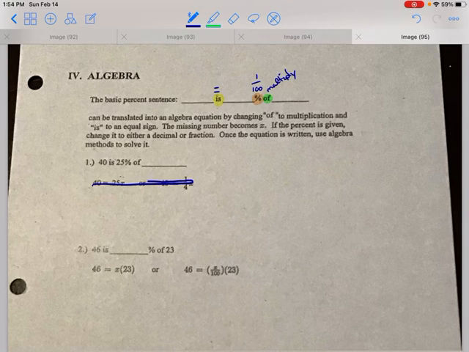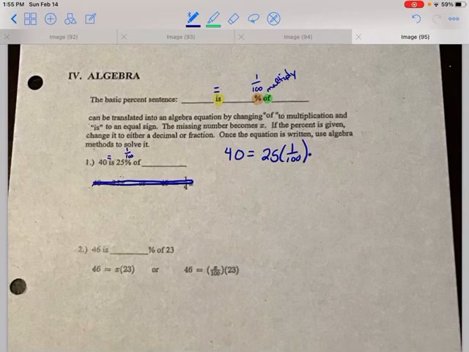All right, so kind of ignore this stuff right here. We're going to take number 1 and change it into an equation. I have 40 is, so as soon as I see the is, that's going to be an equal. So 40 equals. Then I have 25%. Remember, I'm going to replace the percent with 1 over 100, so that'll be 25 times 1 over 100.